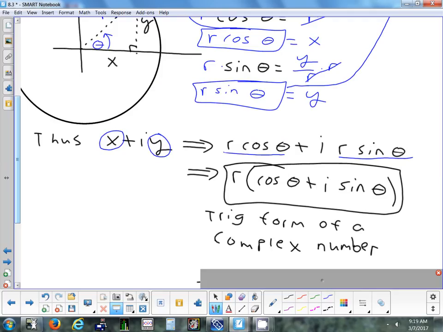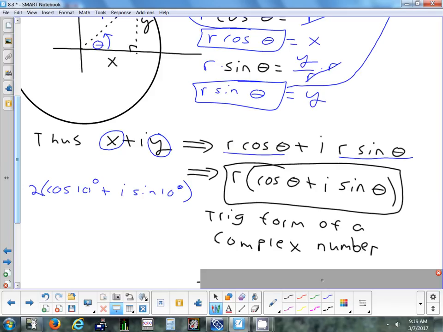Let's say r was 2 and theta was 10 degrees. It would be 2 cosine 10 degrees plus i sine 10 degrees. That's a final answer. That's what it looks like. You don't do this out. You don't have to distribute. You just leave it just like that.